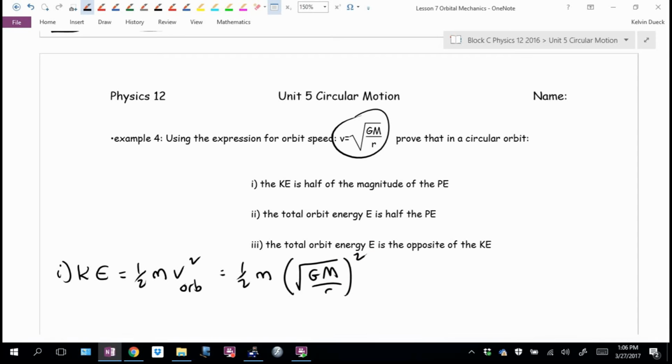Folks, what happens when you square a square root? They wipe each other out. So we're going to end up with a 1/2, an m, a big G, a big M, and an R. I'm going to write it in a slightly different order. I'm going to write the 1/2, but if you don't mind, I'm going to put the big G first, the big M next, the little m, and then the R.